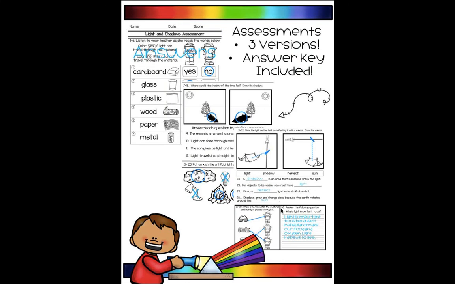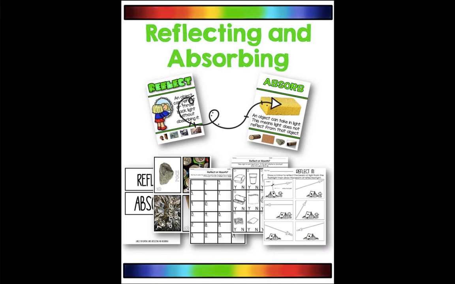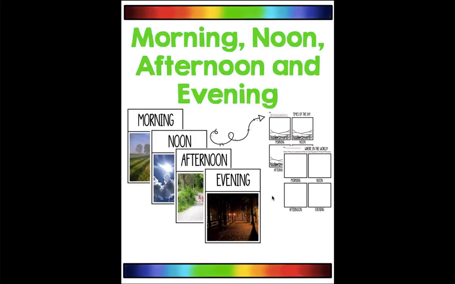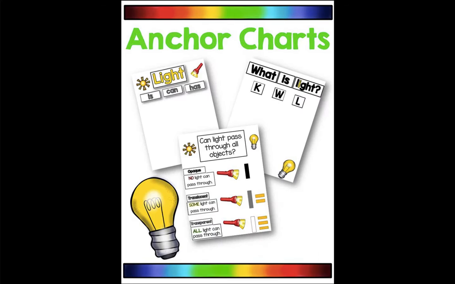But I really like some of the different activities included. Oh, I'm sorry, let me scroll all the way back up. I didn't realize I was further down. So it talks about light is, can, and has, and we do a lot of those as anchor charts in my classroom, as well as here's an anchor chart for opaque, translucent, and transparent in our KWL chart.